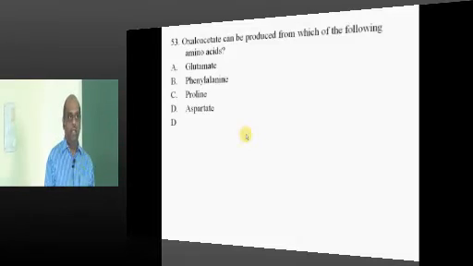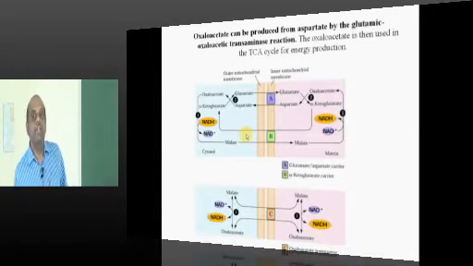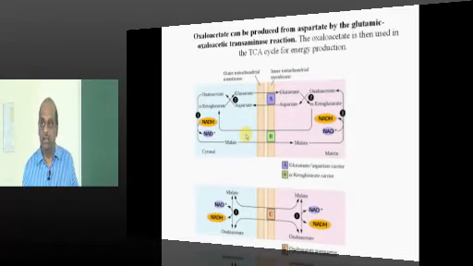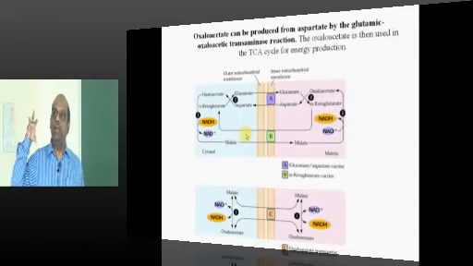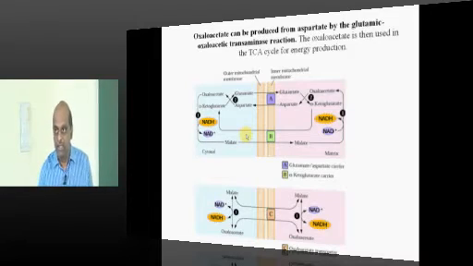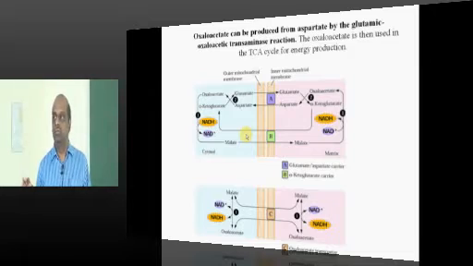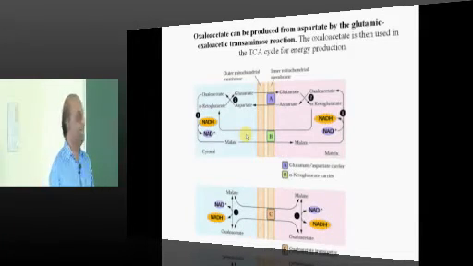Oxaloacetate is an intermediate of the citric acid cycle. It is produced from which amino acid? There is a list, doctor. Which amino acids on degradation become which of the intermediates of the citric acid cycle? That's a favorite list of the examiner which you have to master now, because biochemistry is 20 marks.